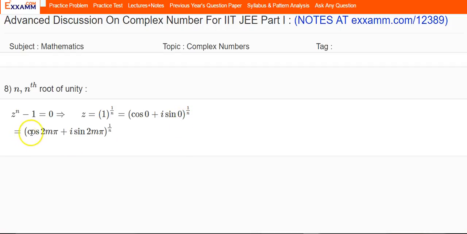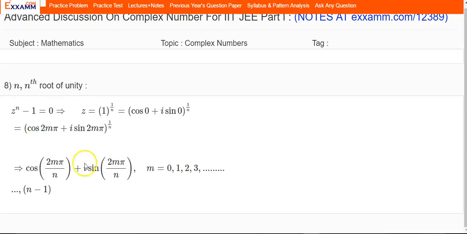So this equation becomes cos 2m pi plus i sin 2m pi, to the power 1 upon n. Now using De Moivre's theorem, whose main use is in finding the roots of unity, what is the value of this? It would be equal to cos 2m pi upon n plus i sin 2m pi upon n.